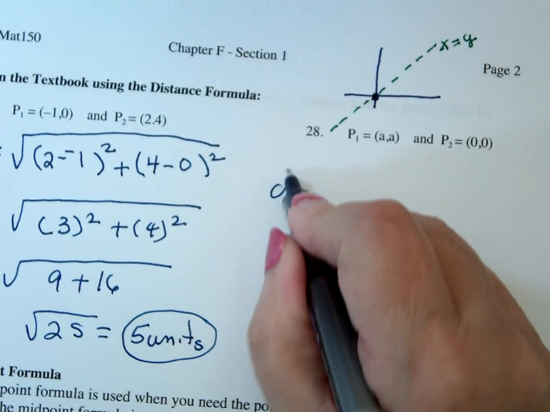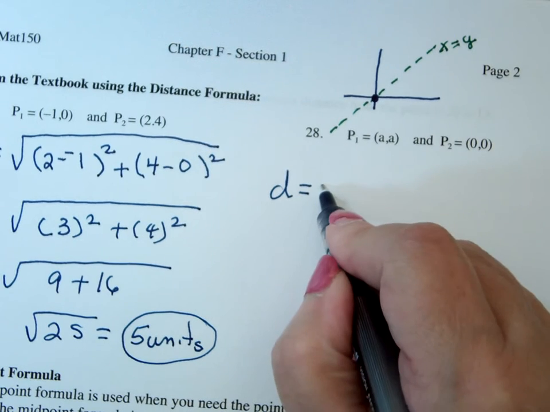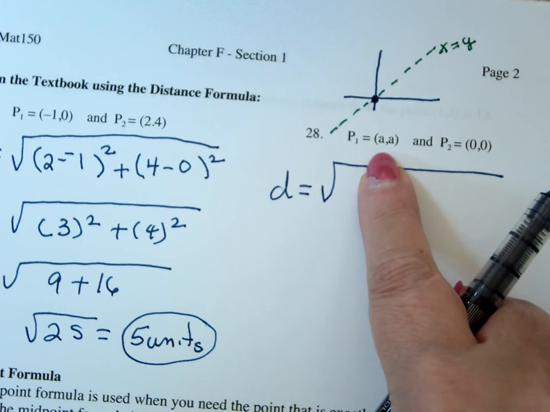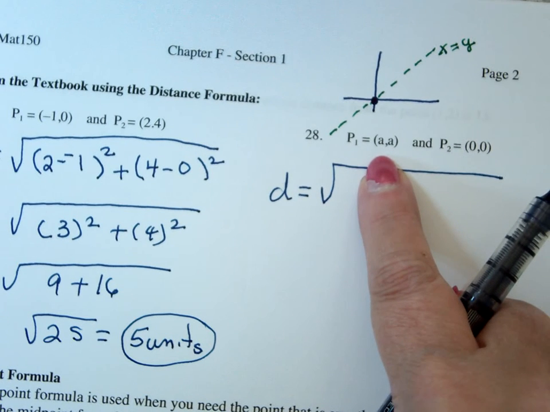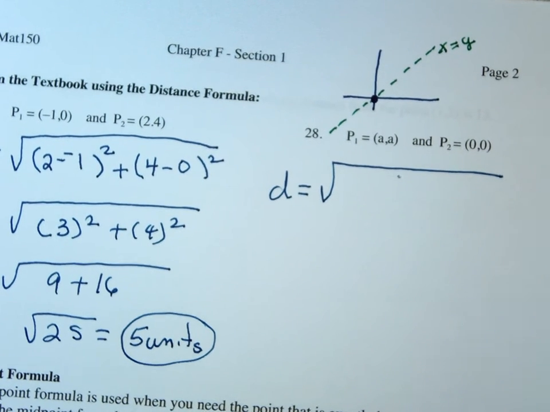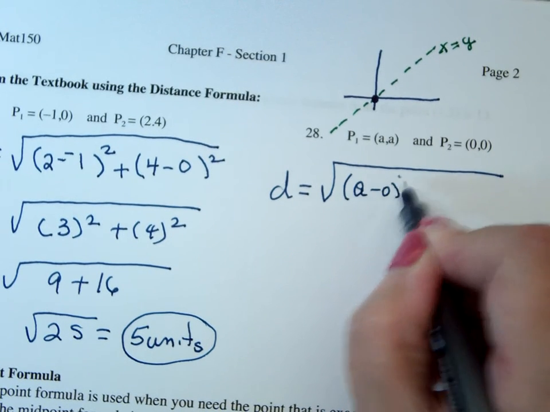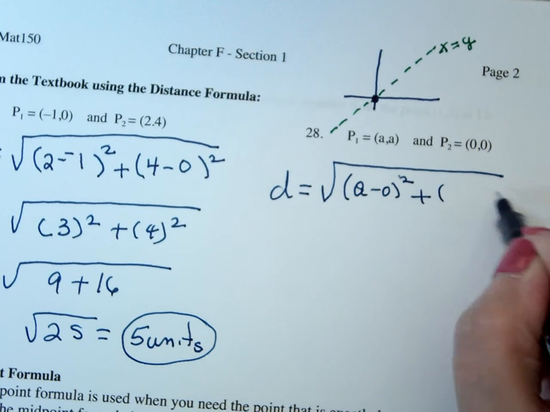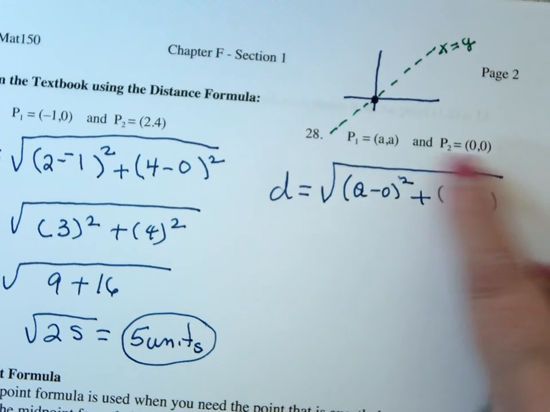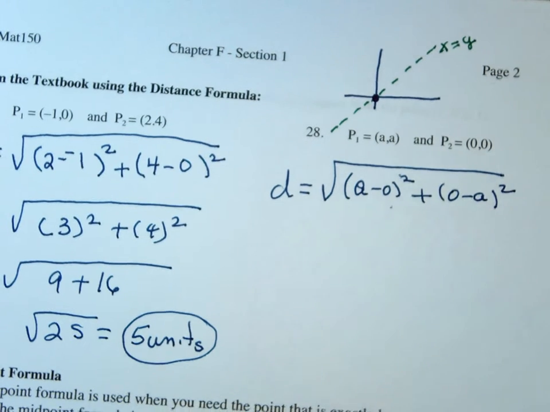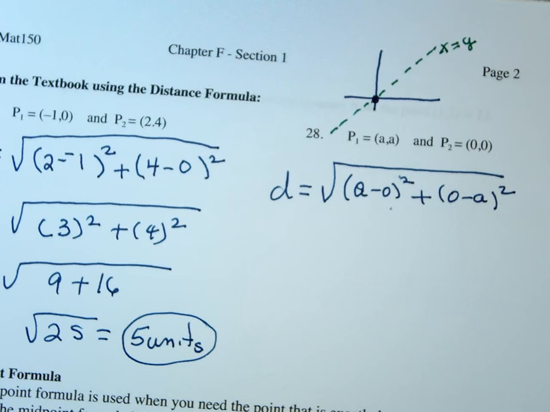So what's the distance? Well, d is equal to the square root of, and since this is 0, I'm just going to make this my first point. So I'm going to do a minus 0, the difference of the x's. Now if I had gone the other direction and said 0 minus a, notice since I'm squaring it, it doesn't matter the order I put it in, because if I square anything, it becomes positive.